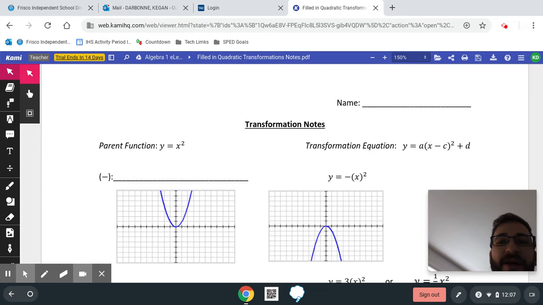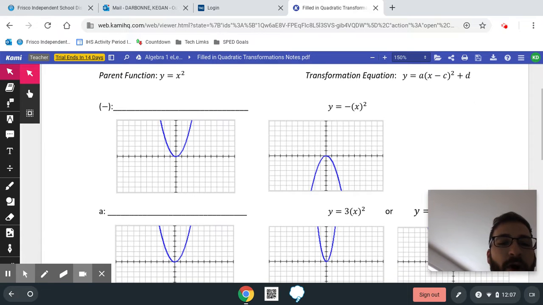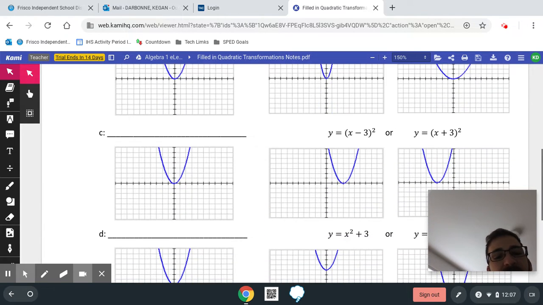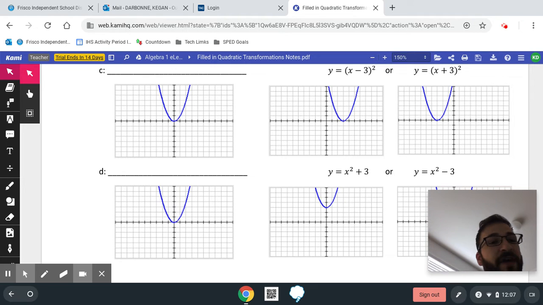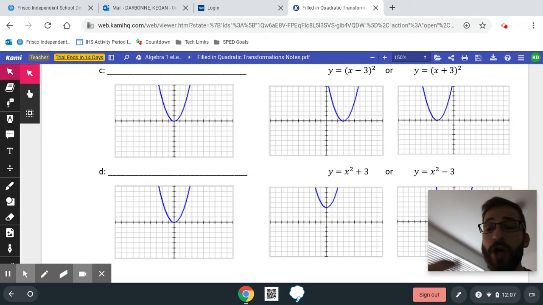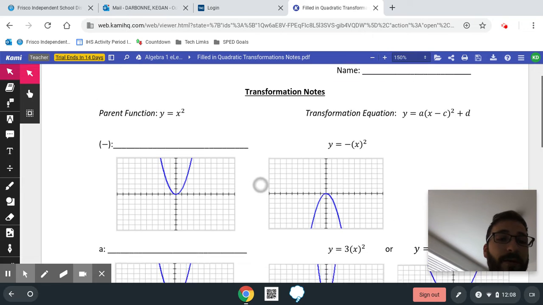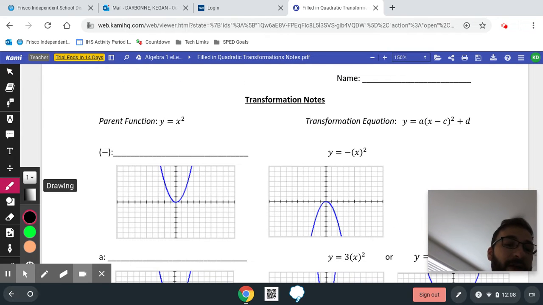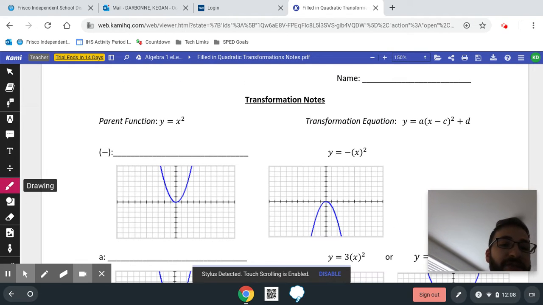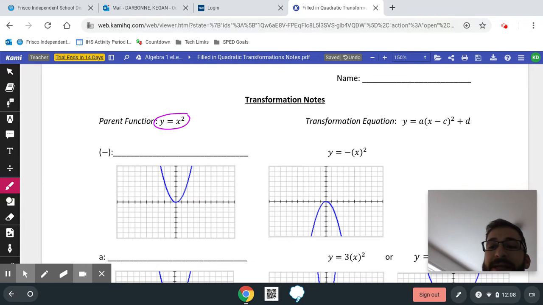So for today's notes, to make it a little bit easier, over on the left side for each of them, I've included what our parent quadratic function looks like, which our parent is just our original. It's our basic one, our y equals x squared here. So just like this is our parent function. Okay, and then over on the right is going to be where all of our transformations fall.